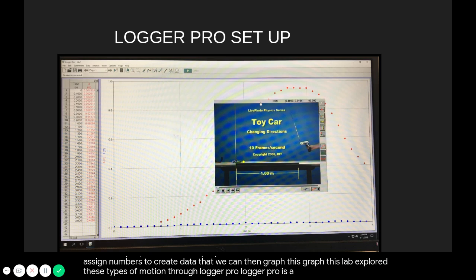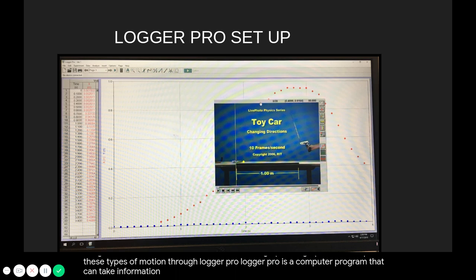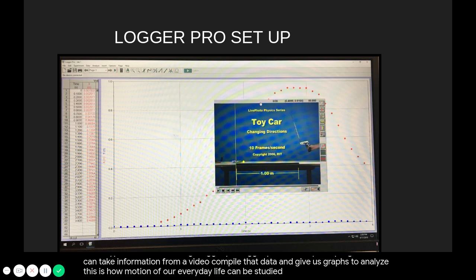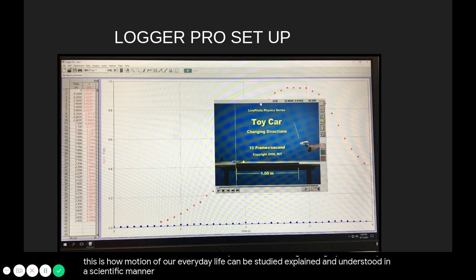LoggerPro is a computer program that can take information from a video, compile that data, and give us graphs to analyze. This is how motion of our everyday life can be studied, explained, and understood in a scientific manner.